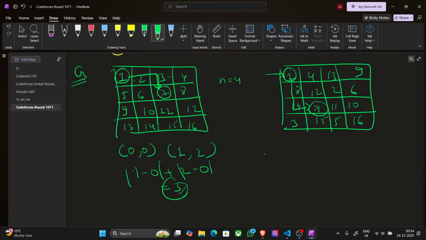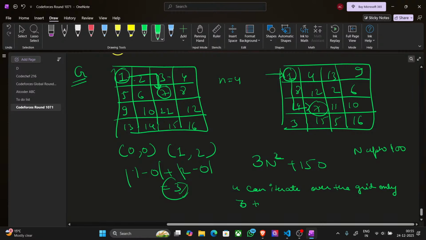Or the earlier distance. Now, one more thing you should know: you can do up to 3n square queries plus 150. N is up to 100, which means you can iterate over the grid only 3 times, right?